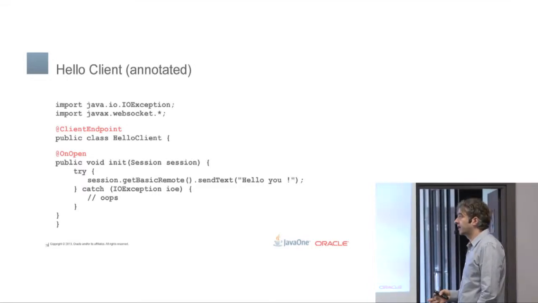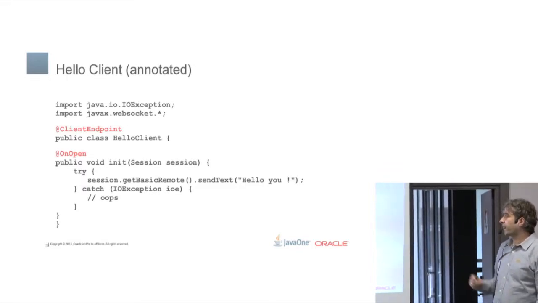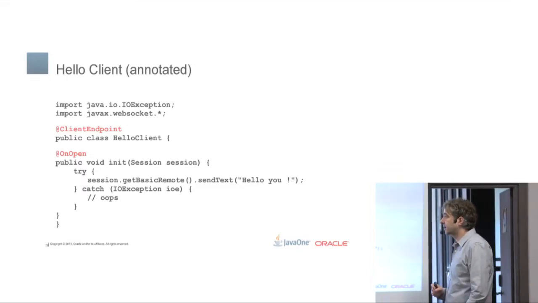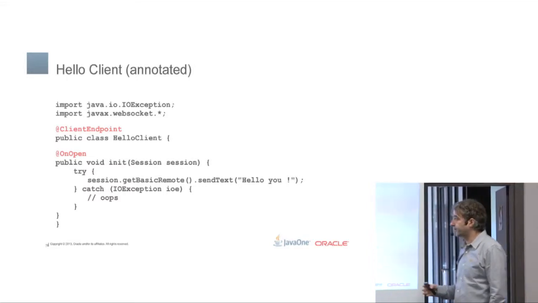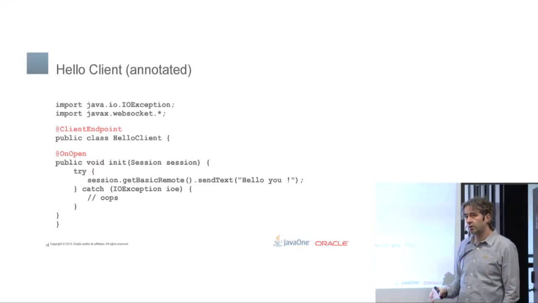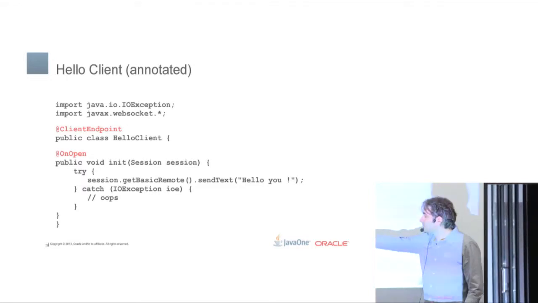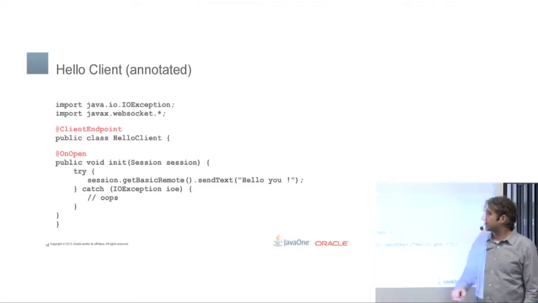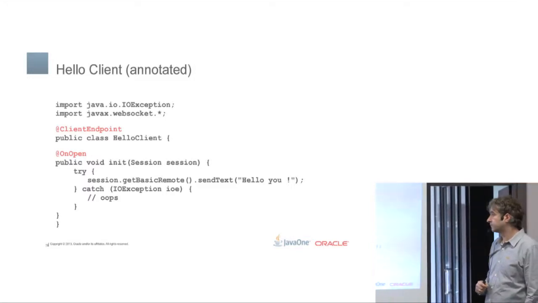This is the code for the client side, the Java code, not the JavaScript code. So again, a simple Java class, and I want to turn that into a WebSocket client endpoint. I'm using the @ClientEndpoint annotation to specify that this class will be a client WebSocket endpoint. And I'm decorating the init method, so that method will be invoked whenever there is a new connection.